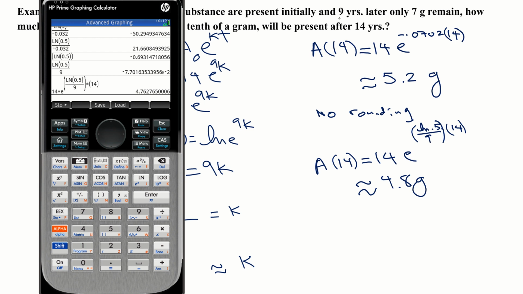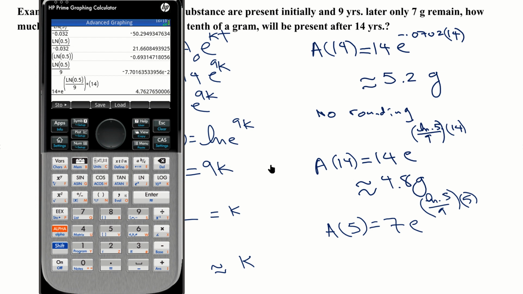So I could have figured out A of 5, but I would have had to adjust my initial amount because after 9 years, there was only 7 grams left, right? So I would have had 7 e to the constant doesn't change, ln 0.5 over 9. And notice that here, we're going to be multiplying by the time being 5 years, right? So we're essentially changing our main equation because we're changing the starting amount, right?